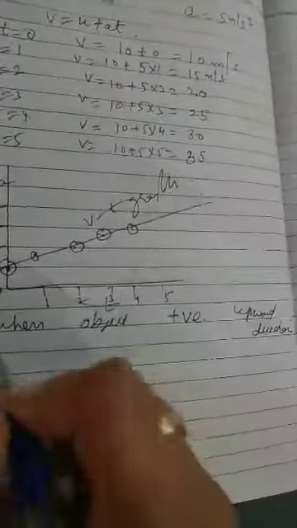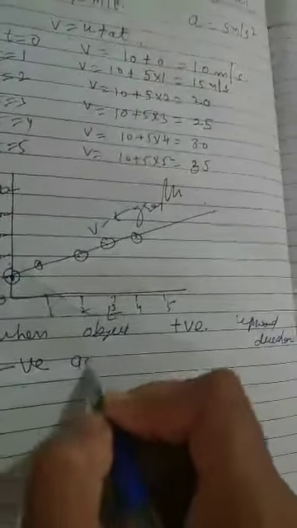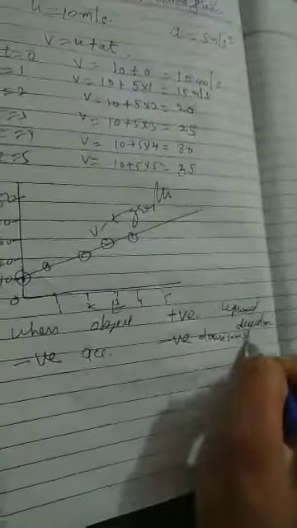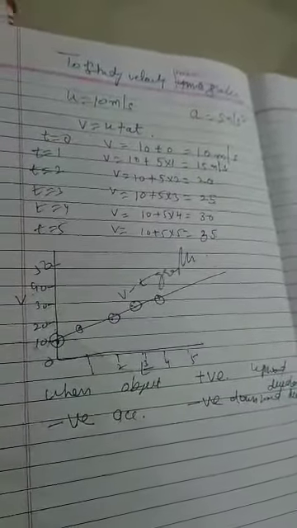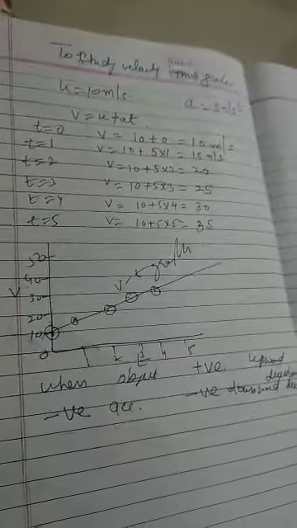If the object has negative constant acceleration in the v-t graph, then the slope will be negative, or downward.